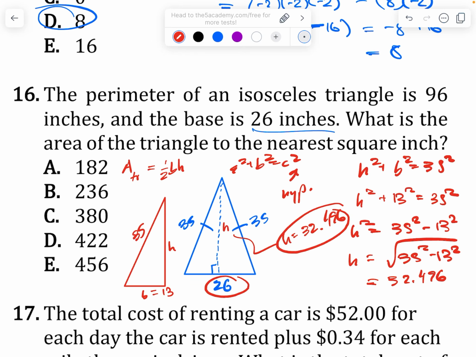I know this value. I know the base. Now I can do area equals half base times height, which is going to be 26 times 0.5 times 32.496, which is equal to 422. Okay? So half times 26 times 32 is equal to 422.